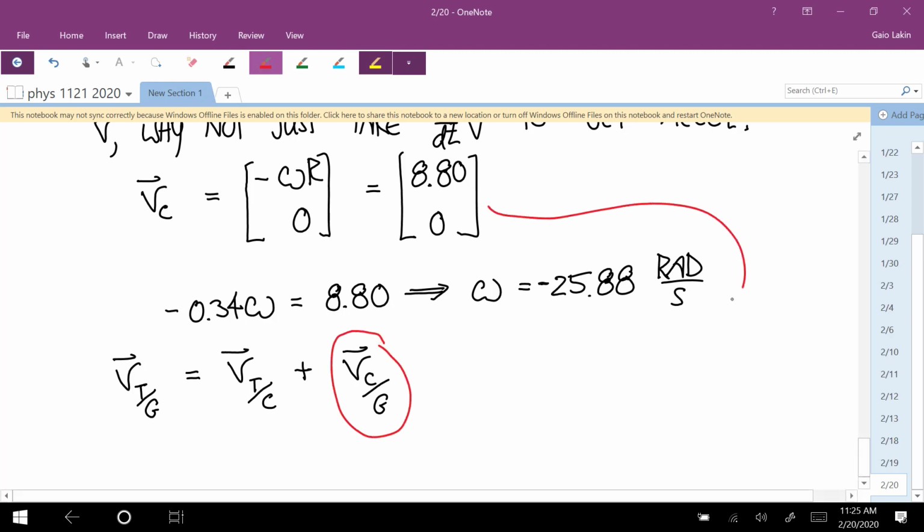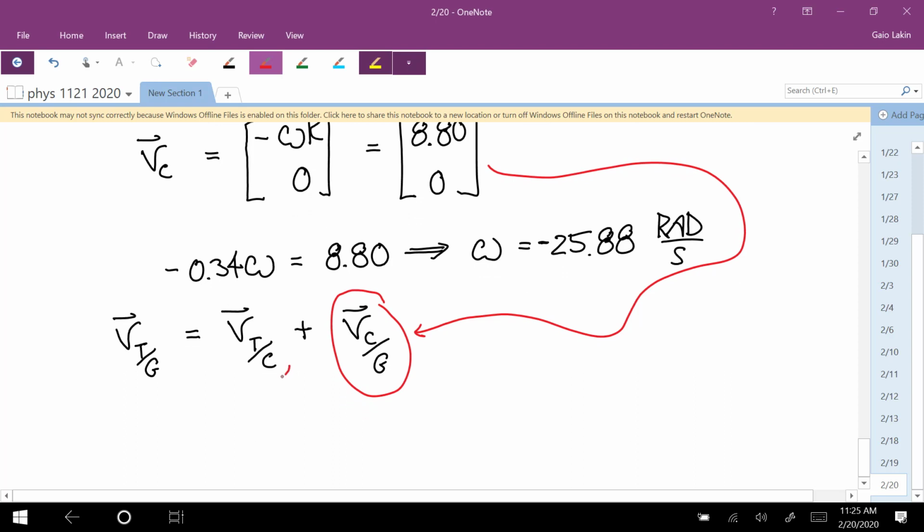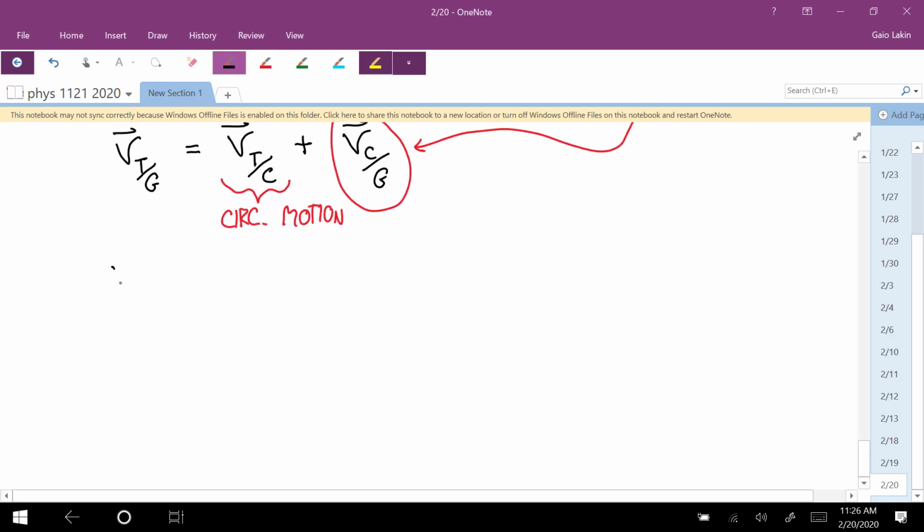This one we know, that's just this. And the velocity of anything relative to the center, you can just get using circular motion. So now let's think about the velocity of the top relative to the center.